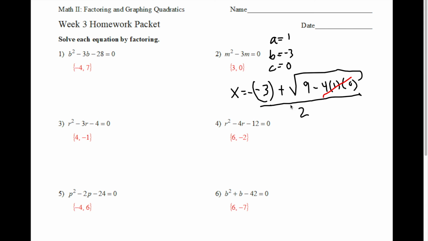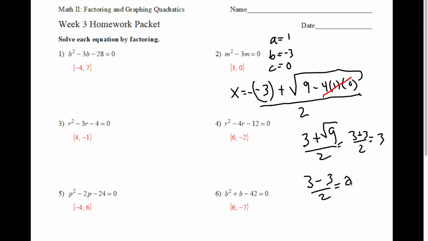Less work. 2a, 2 times 1 is 2. All right, so we've got positive 3 plus square root of 9 over 2. So that means that we're going to have 3 plus 3 over 2, which is 6 over 2, which is 3. That's one answer. And then the other answer is 3 minus 3 over 2, which is 0. So that way we've got 3 and 0 as our answers.